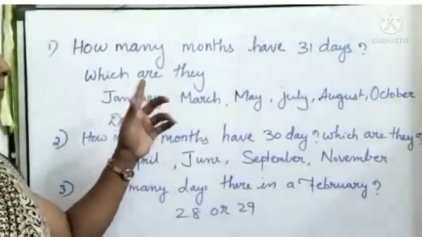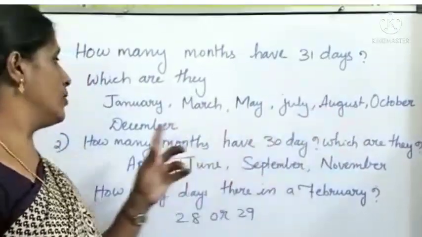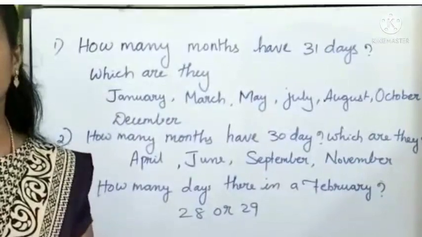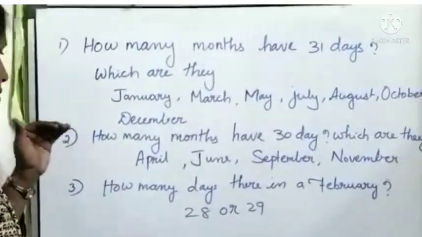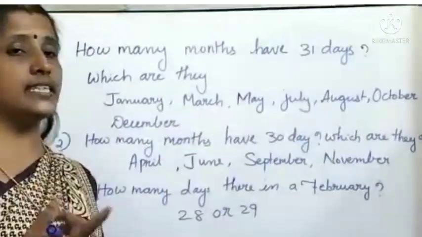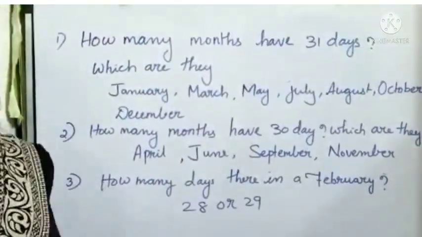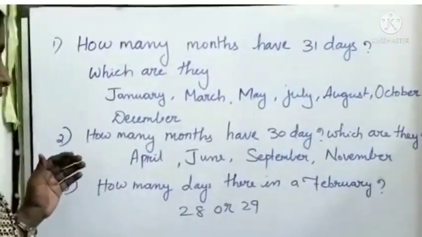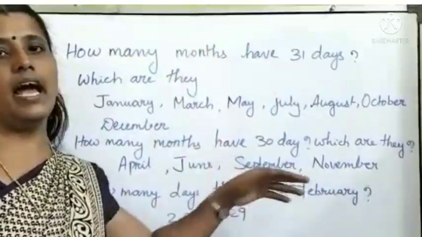January, March, May, July, August, October and December have how many days? 31 days. And the next question: how many months have 30 days? Yes, 4 months have 30 days. Which are they? April, June, September and November.